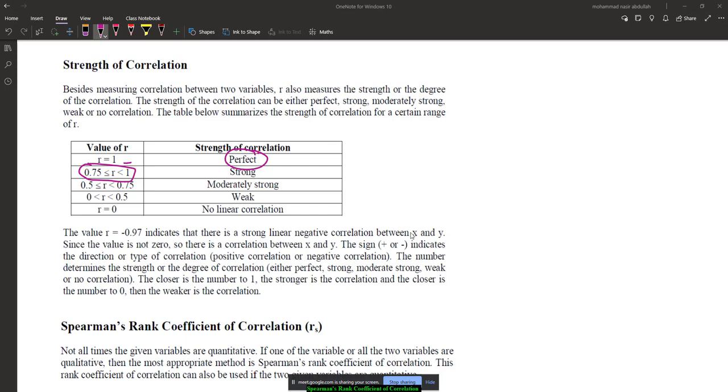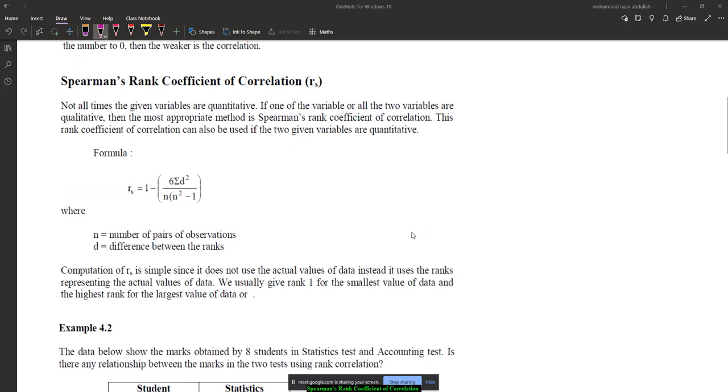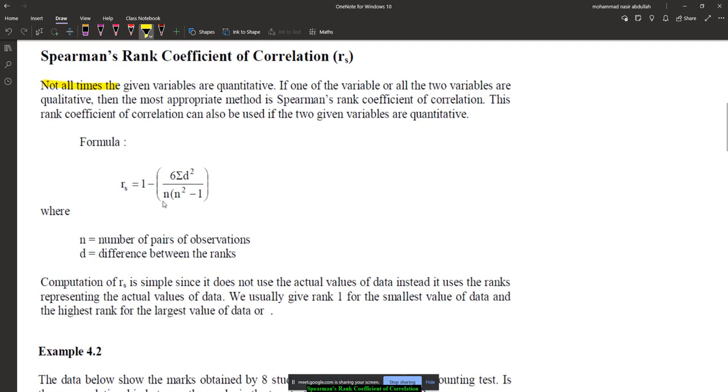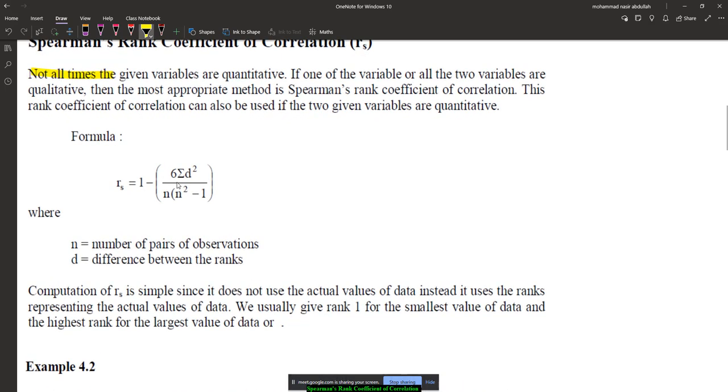Now let's look at the Spearman rank coefficient of correlation. Not all the time are the given variables quantitative. If one or both of the two variables are qualitative, at least ordinal scale, then the Spearman rank coefficient of correlation can be used. It can also be used if the two given variables are quantitative.